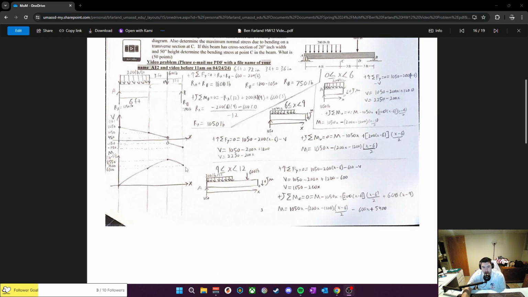So we can plot the 7200 to finish the graph. I'm sorry, for when we put shear force at x equals 12, we get negative 750. We can plot that point and finish the line for the graph.